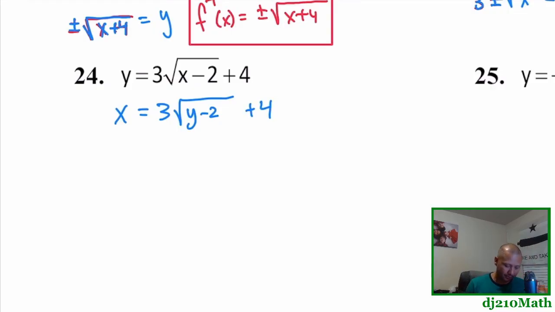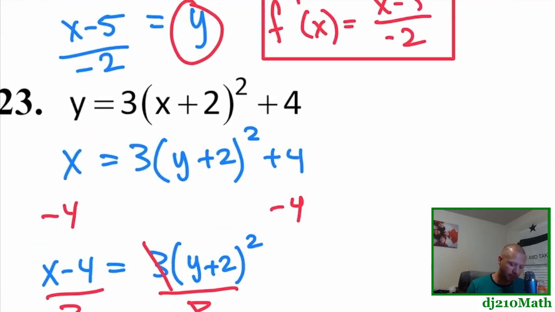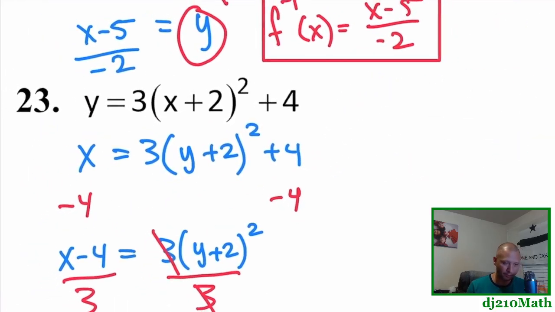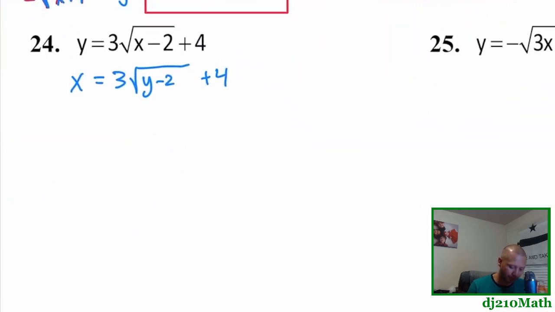So now, just like number 23, we can't just handle the y. You've got to start furthest away from y and then work your way closer to y. So the furthest thing out is minusing 4.